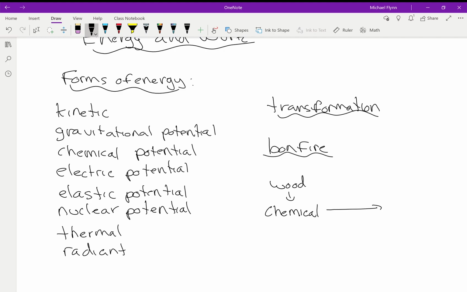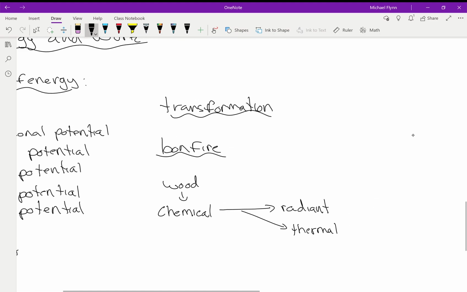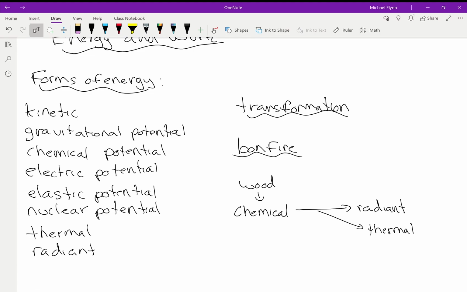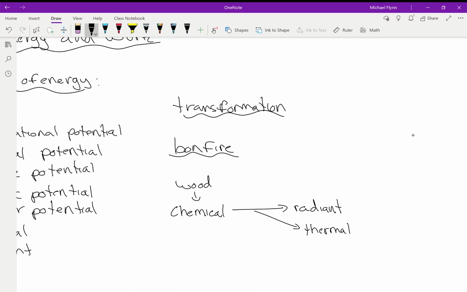Well, one of the things it turns into is light. So that's radiant energy. But another thing it turns into is heat, which is thermal. In other words, everything gets hot around the fire. Thermal energy. And then sometimes pieces like a spark will go flying out, and that is kinetic energy in the fire.